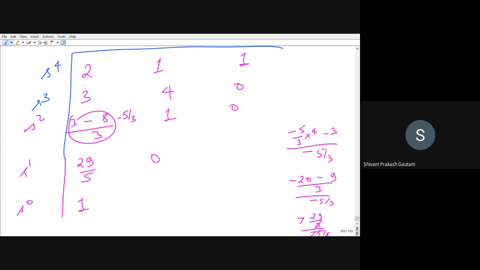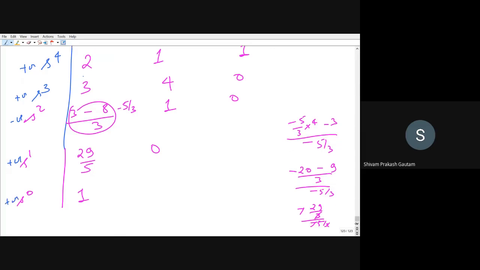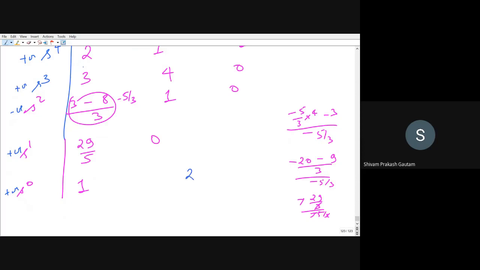So see how many sign changes you observe here. This is positive, this is positive, this is negative, this is positive, this is positive. How many sign changes do you see in the first column? The first column is 2, 3, minus 5 by 3, 29 by 5, and 1. No sign change, then one sign change, second sign change, and no sign change.